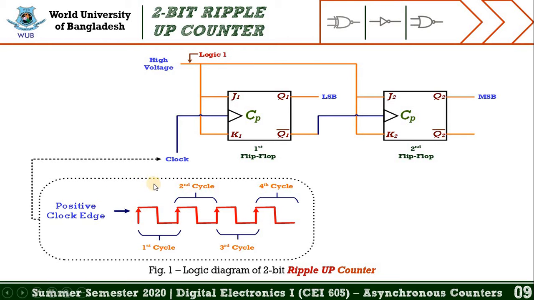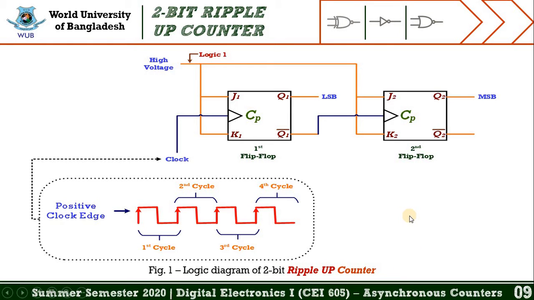you may find a clock edge signal, or more specifically a positive clock edge signal, applied to the clock. And if you look at the clock pulse signal, you may find there are 4 cycles: first, second, third and fourth. So that's all for the logic diagram of the 2-bit ripple up counter.